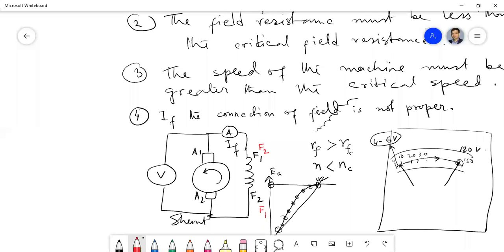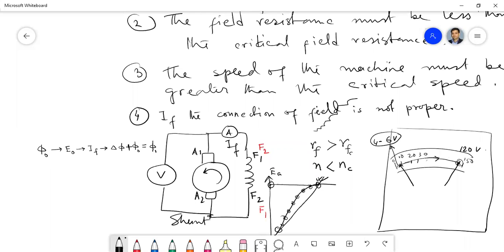Initially suppose you have a residual flux, thereby you are getting some voltage. Now this voltage is producing some field current. Now this field current is producing an extra amount of flux, which is added with the phi 0 and gives rise to the net amount of flux in the magnetic system. Now you can assume this is positive with respect to some connection of this field circuit.